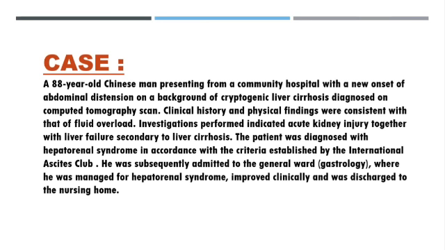Investigations indicated acute kidney injury together with liver failure secondary to liver cirrhosis. The patient was diagnosed with hepatorenal syndrome in accordance with the criteria established by the International Ascites Club. The patient was subsequently admitted to the general ward of gastroenterology, where he was managed for hepatorenal syndrome, improved clinically, and was discharged to the nursing home.